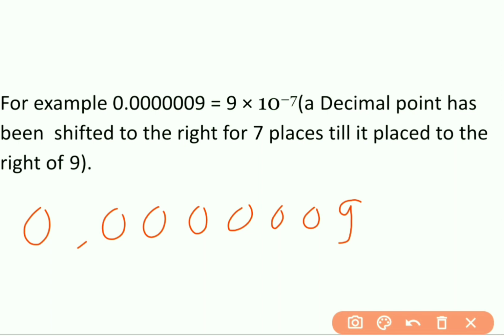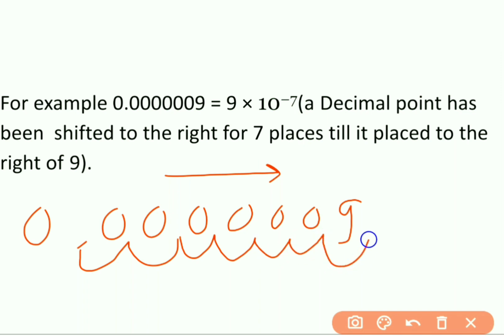For this, we have to shift the decimal point to the right hand side. So let's get started. This decimal point is shifted to one place, second place, third place, fourth place, fifth place, sixth place, and seventh place.